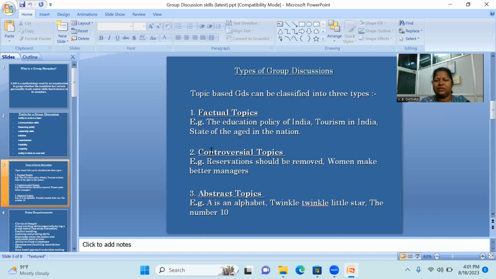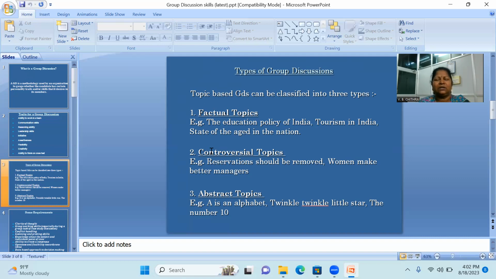Take for example NEP 2020, the National Education Policy. Here we need to talk about the factual information because that was the latest development in education. So we cannot add cock and bull stories in such topics. It is completely based on the facts and proof.